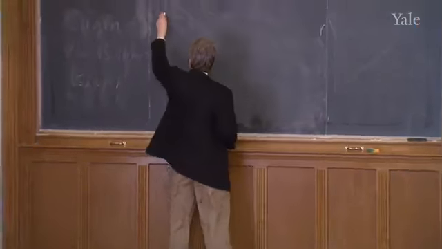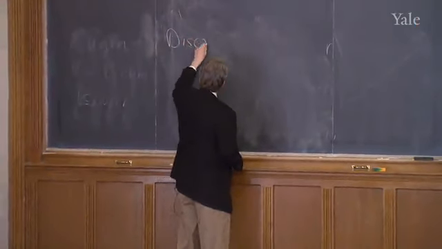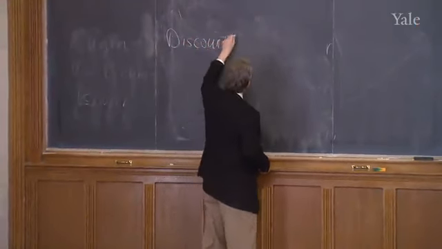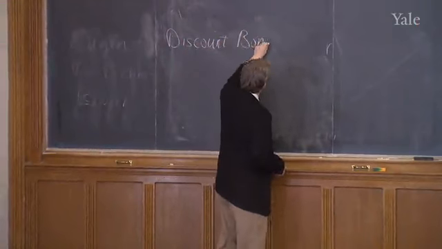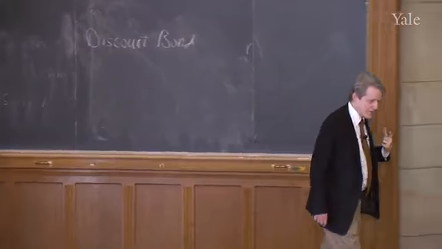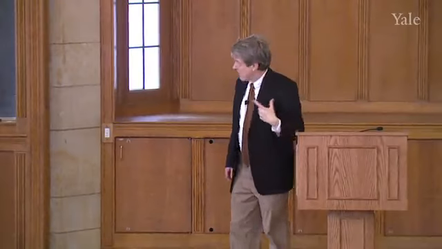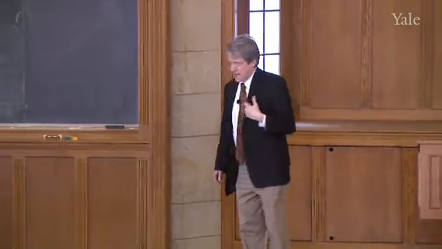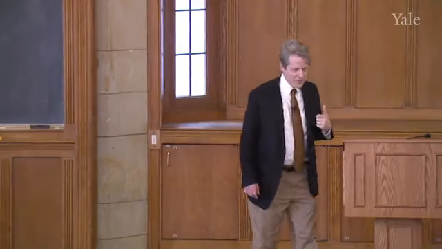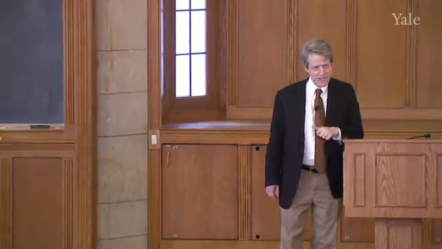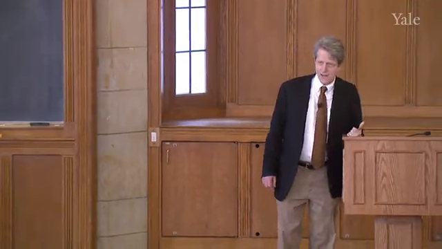And the first and the simplest is the discount bond. When you make a loan to someone, you could do it in the form of, between a company or between a government and someone, a discount bond. A discount bond pays a fixed amount at a future date, and it sells at a discount today.